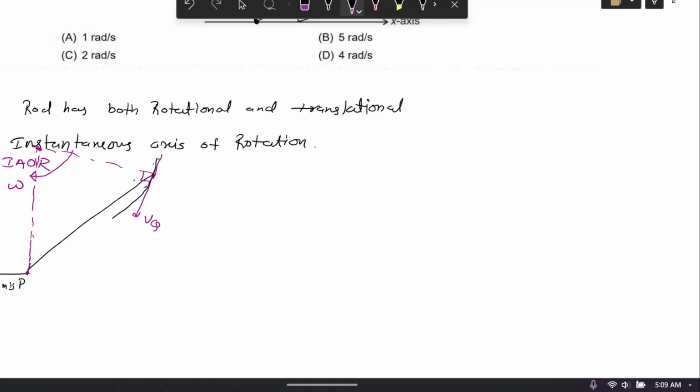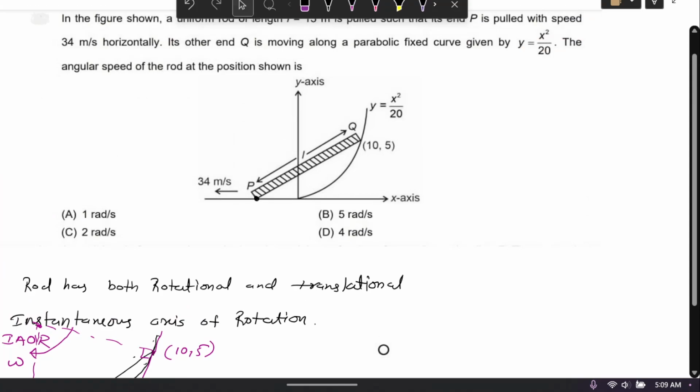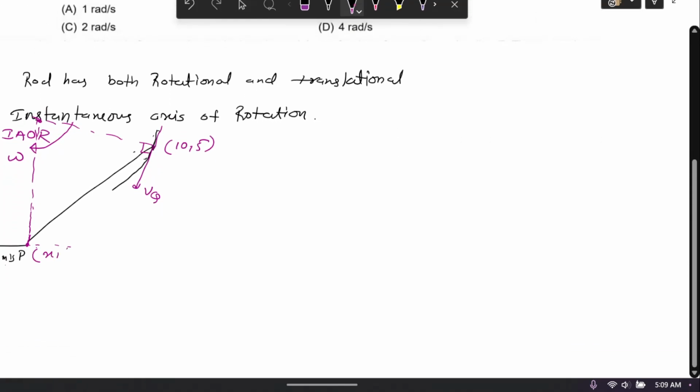Now, how do we find this instantaneous axis of rotation? The point Q is given as 10 comma 5, and we need to find the intersection point. So let's find the P point first. As this P point is on the x-axis, we can assume it as x comma 0, and the distance between P and Q is 13 meters.